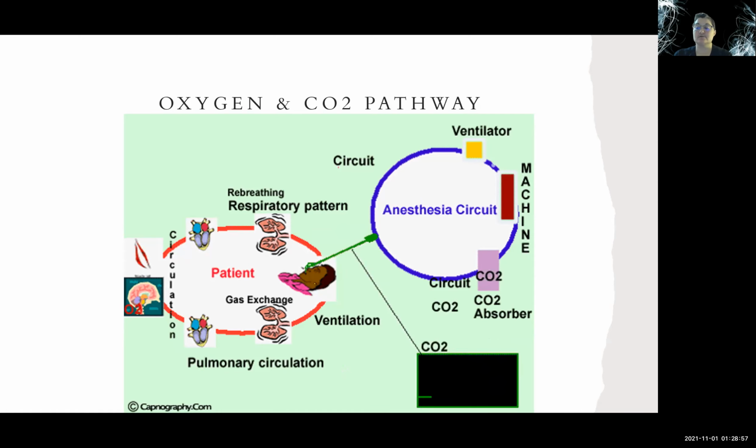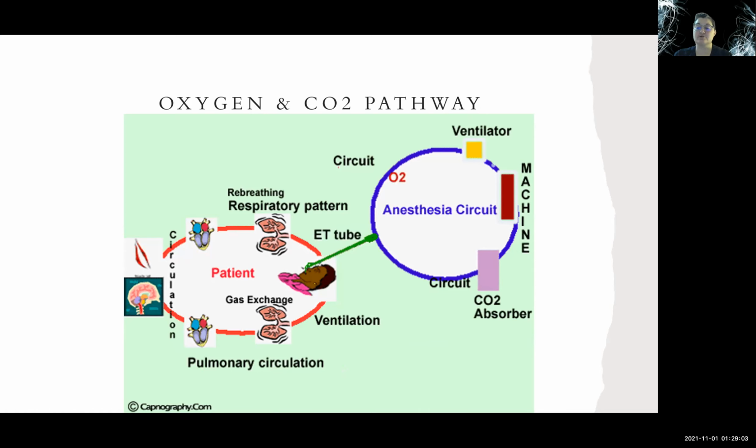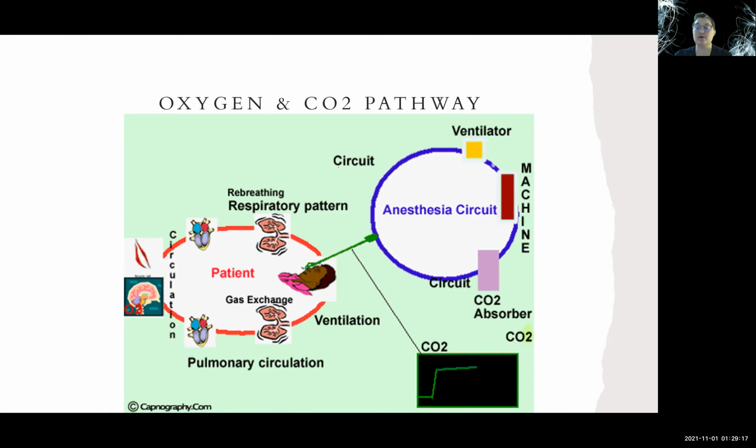The gases are going to then pass through the breathing circuits down to the patient. The patient inspires the gases. The gas exchange occurs, which places O2 in the circulation and removes the CO2 from circulation. The CO2 then travels back through the airway.